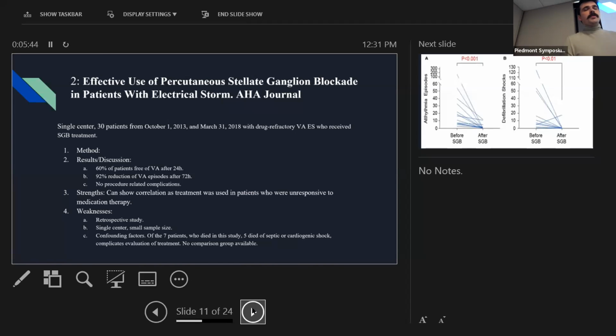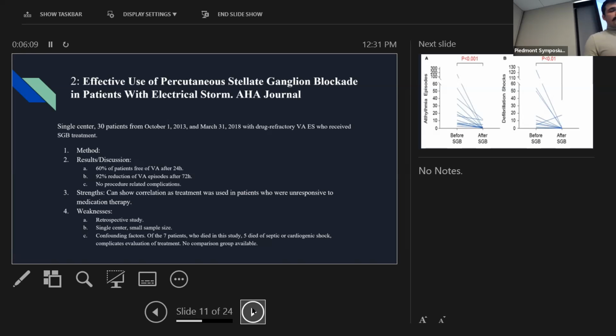My second article was published in the American Heart Association Journal. It's a single center review of 30 patients on a 5-year period who also had drug refractory VAES who received the SGB treatment. And what they found was that 60% of patients were free of VA after 24 hours, and that there was a 92% reduction in ventricular arrhythmic episodes after 72 hours.